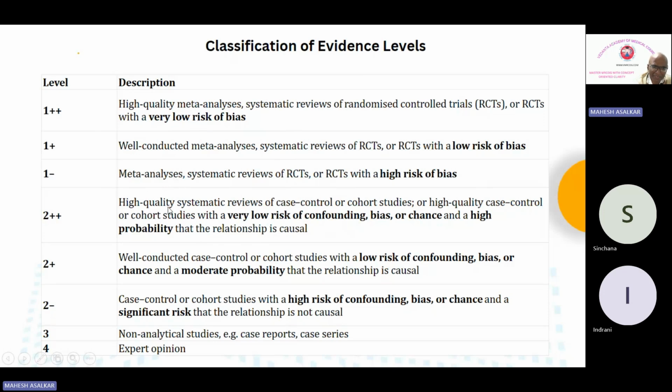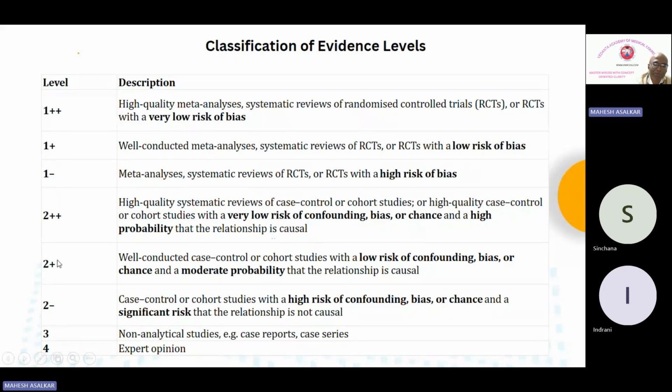They are high quality, but we know in the pyramid, the best are the RCT, followed by case control and cohort. So here we have high quality systematic reviews, but involving mainly case control and cohort studies, but there is a very low risk of confounding or bias, and there is a high probability that the relationship is causal. So likely to be high possibility of causal relationship.